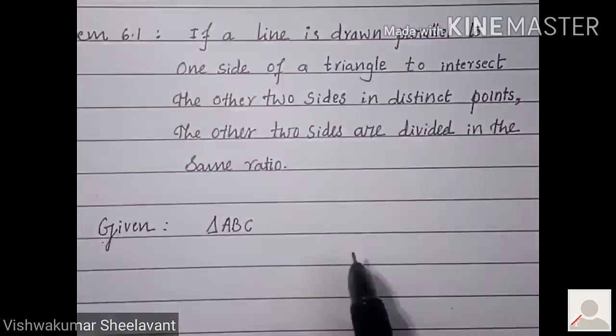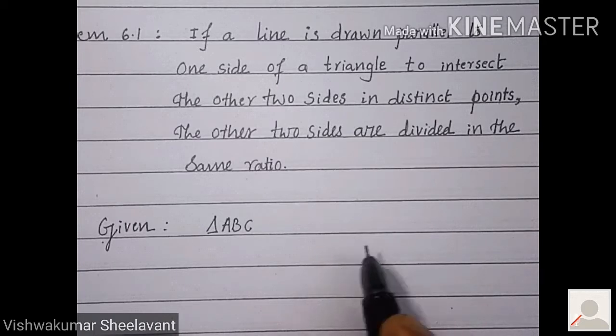Then in this triangle, one line is drawn parallel to one side such that it intersects the remaining two sides.